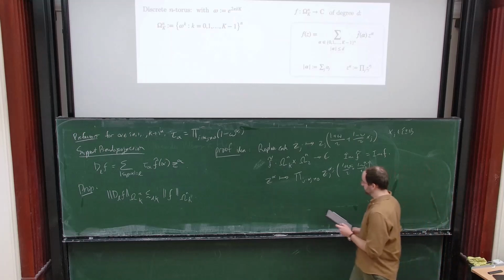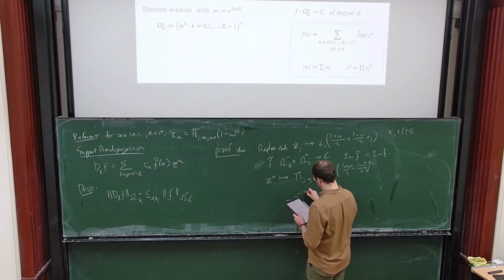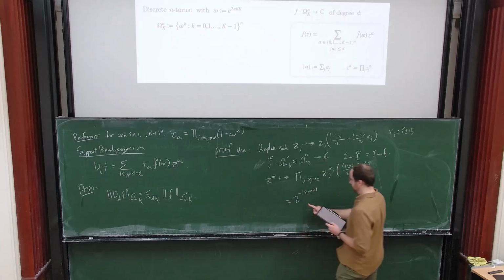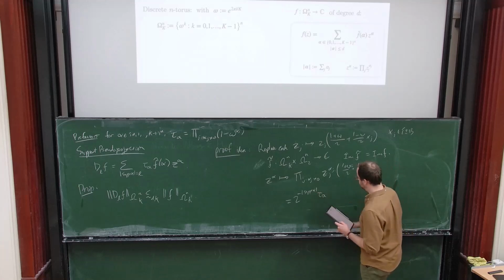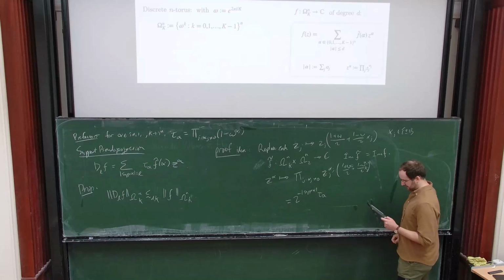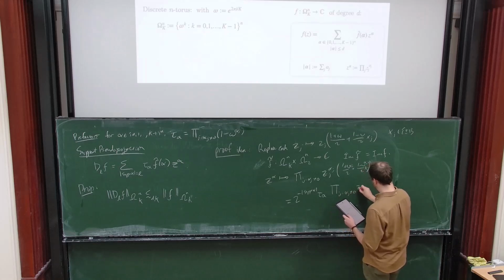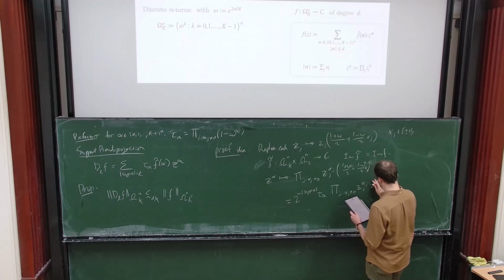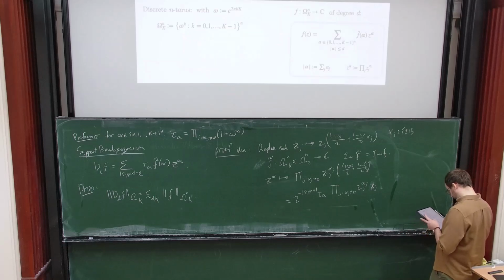And upon further rearrangement, you see this is 2 times some factor depending on the size of the support of alpha times t sub alpha, so that's where this appeared, times xj.